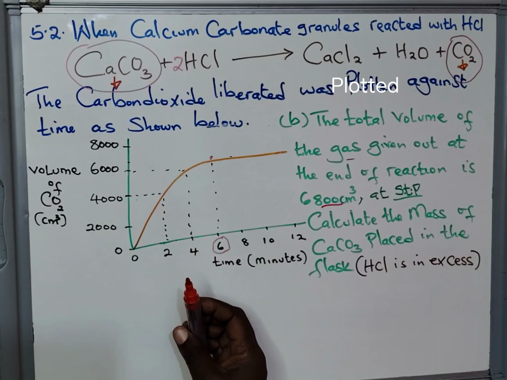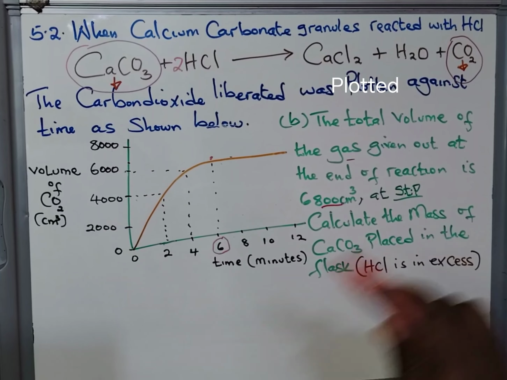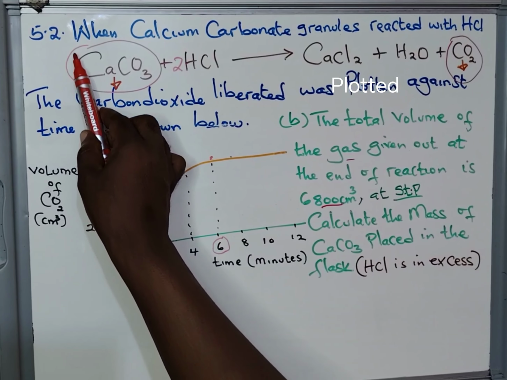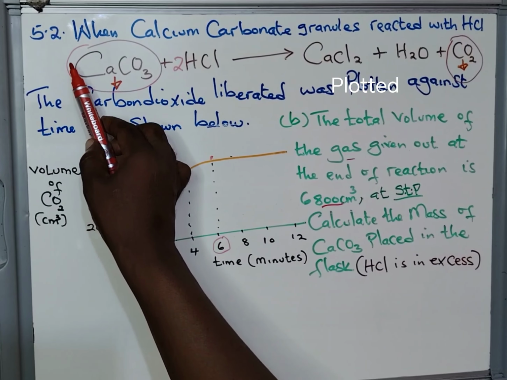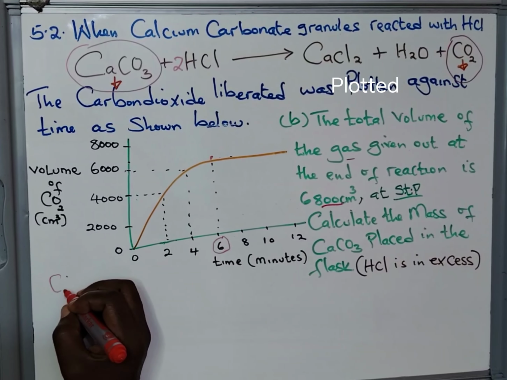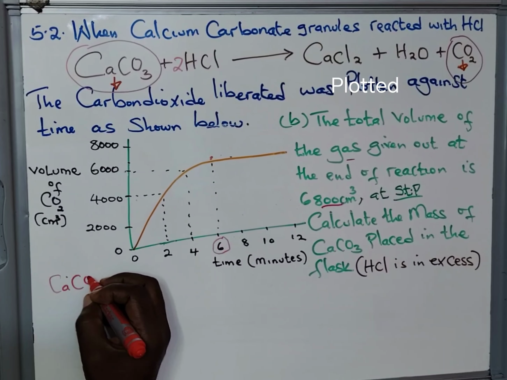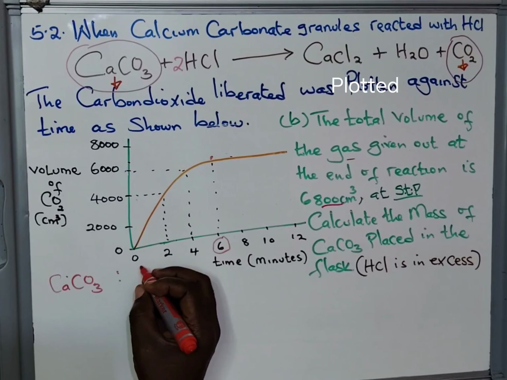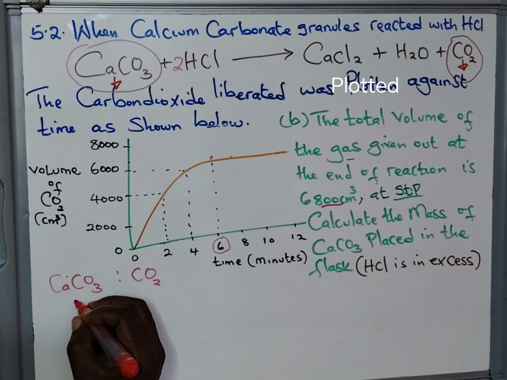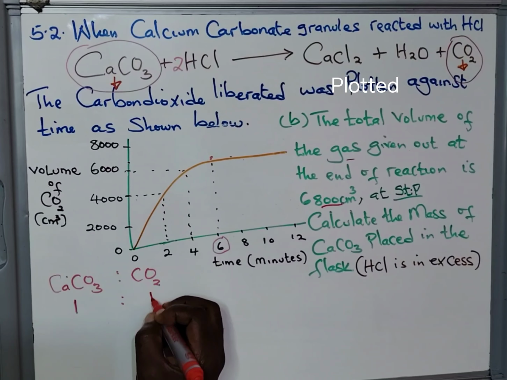So what do you do? You look at the coefficients on each. If you don't see any number, it means it's 1. So we are having calcium carbonate to carbon dioxide, and the ratio is 1 to 1.